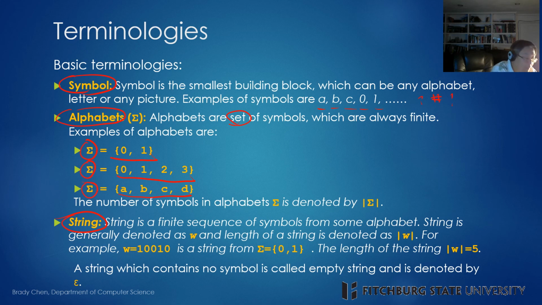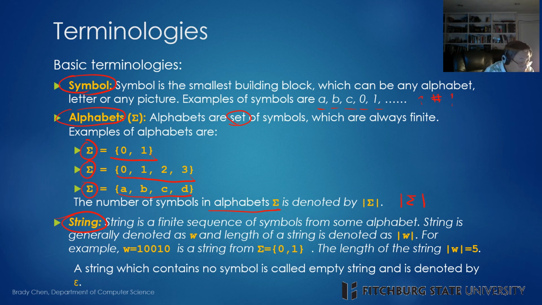The number of symbols in alphabet sigma is denoted by sigma with 2 bars around it. The number of symbols in a set is called the cardinality of the set, so it is the cardinality of sigma.